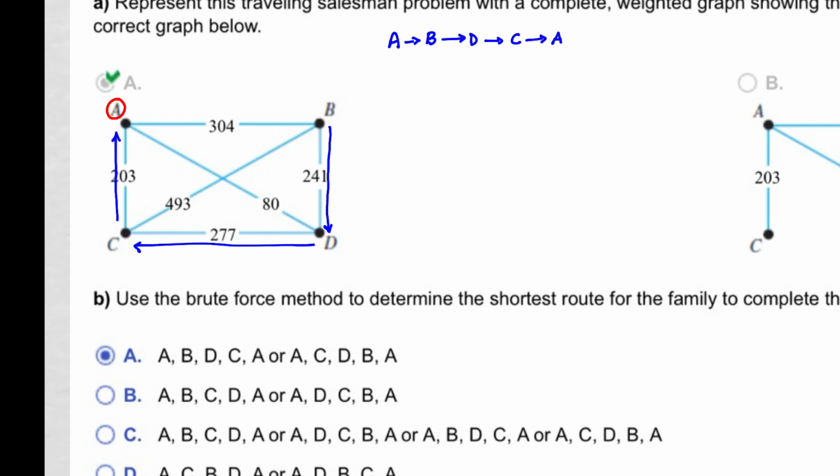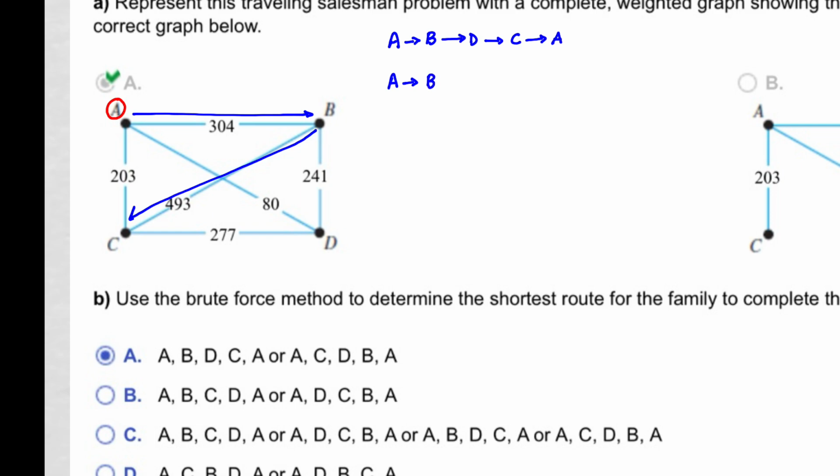So I'm going to erase that. Now what's another route? I always have to start at A. And again, I could go to B. And I don't want to go to D because that's going to give me the same result as last time. So let's travel along this diagonal.